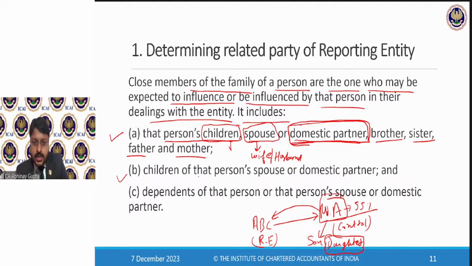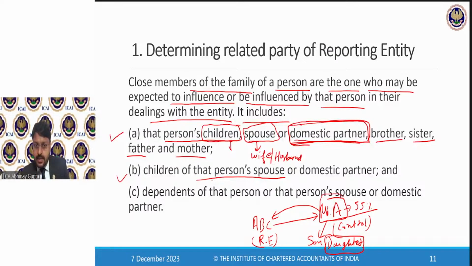Category B, children of that person's spouse. Now, suppose Mr. A has children with Mrs. A, right? But Mrs. A might have had a marriage earlier and also has children with her ex-husband.